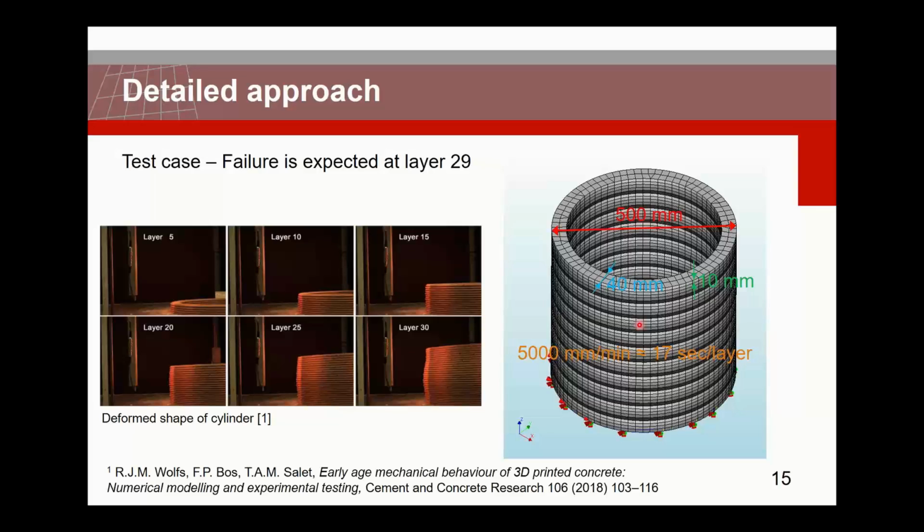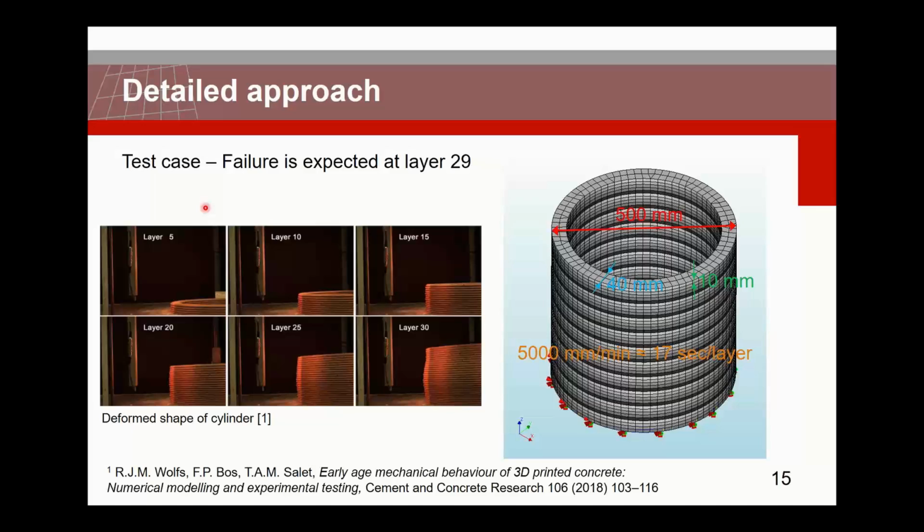On the left side, you can see some visual images of 5 layers, 10 layers, 15, up to 30 layers. They have done a few tests of these cylinders, and in general, it fails around layer 29, they said. In this case, they have one where it fails after layer 30.